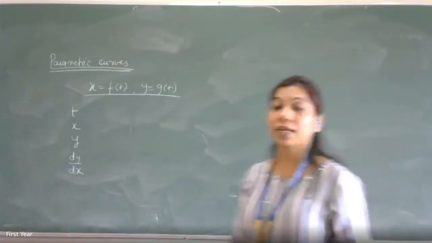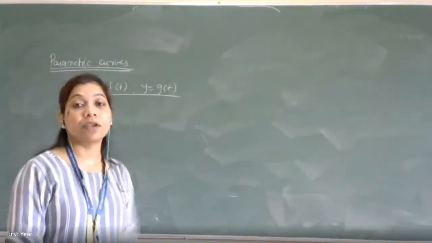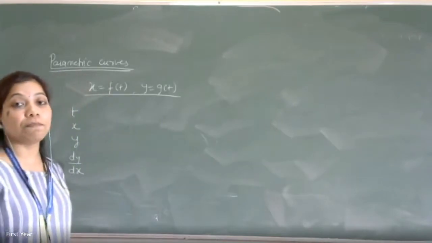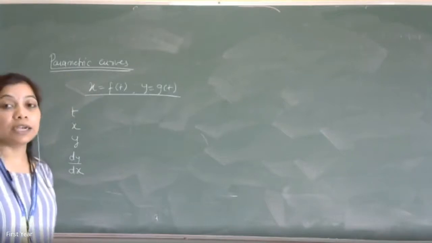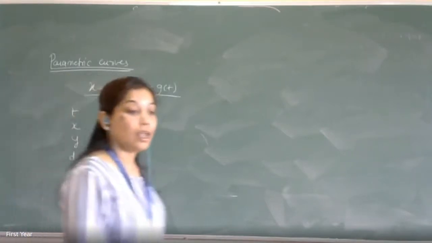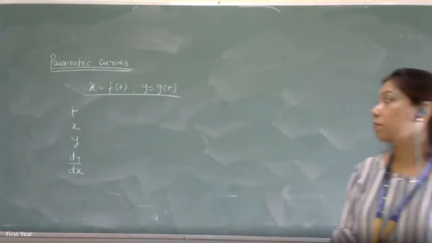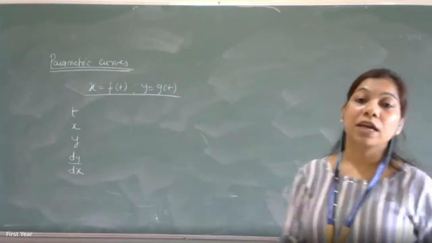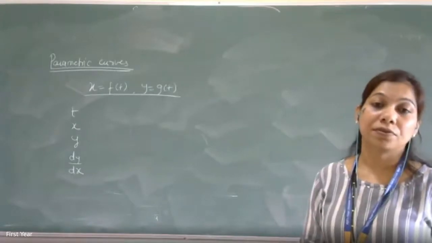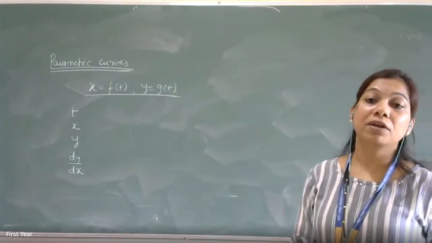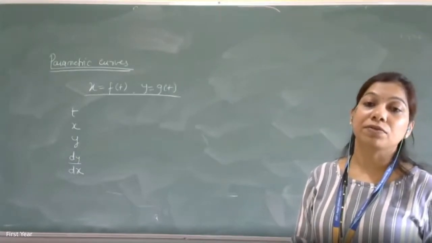If x and y are some functions of parameter t, that is x is equal to f of t, and y is equal to g of t, then these equations are called as parametric curves.